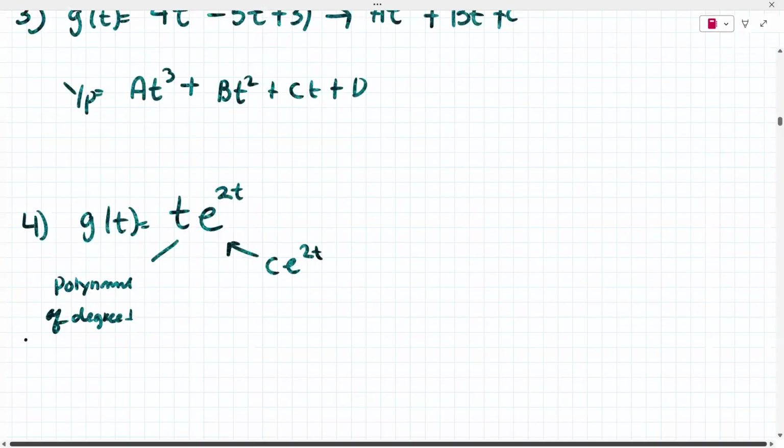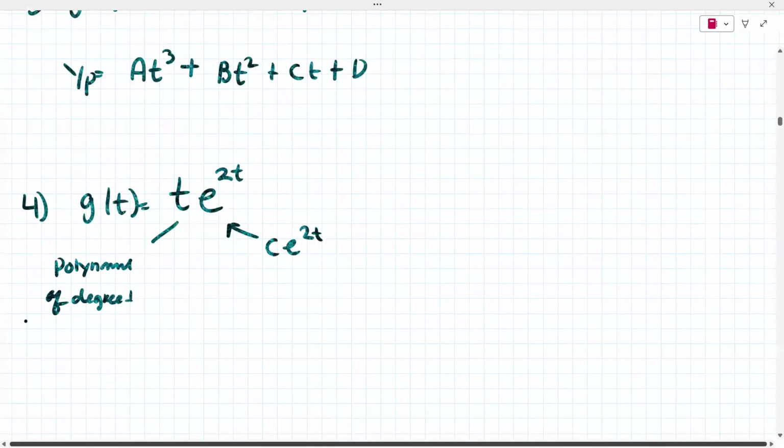So when you have a combination of two things, you might have to FOIL it out. So your yp is going to be, this is a polynomial of degree 1, so that would be expressed as At plus B. And then this is an exponential, so that's going to be C e raised to the rt, or 2t.